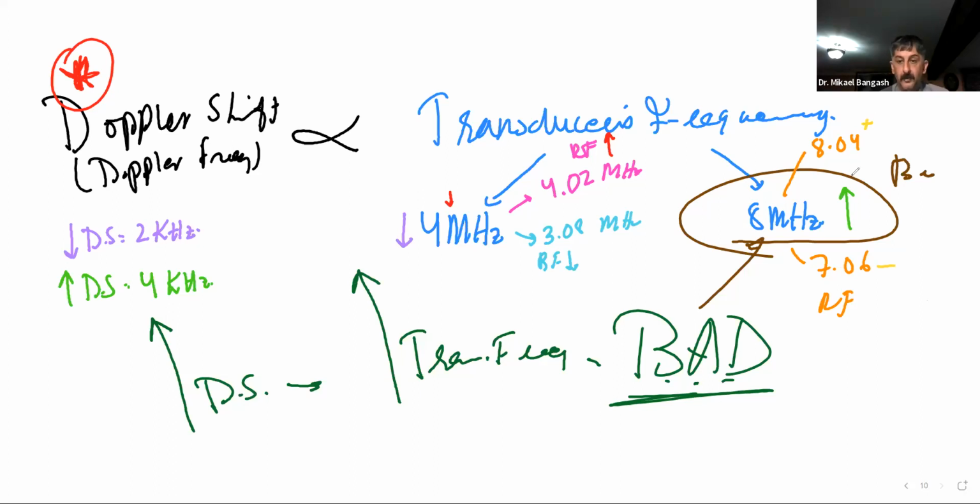But in both instances we had a difference of 4 kilohertz between the transmitted and the reflected, mainly because we used a high frequency transducer.